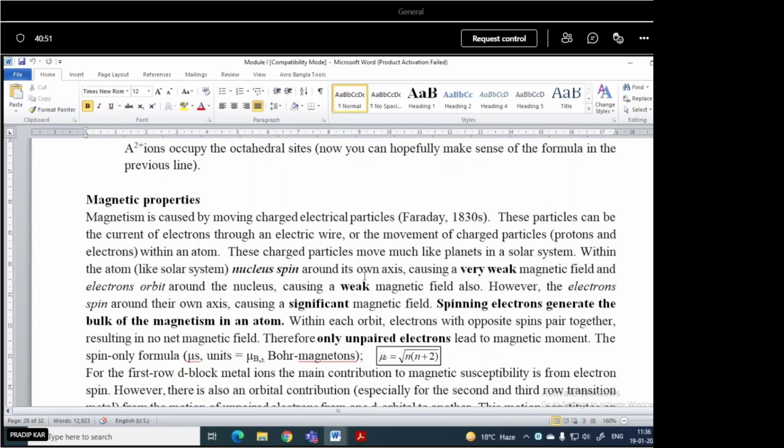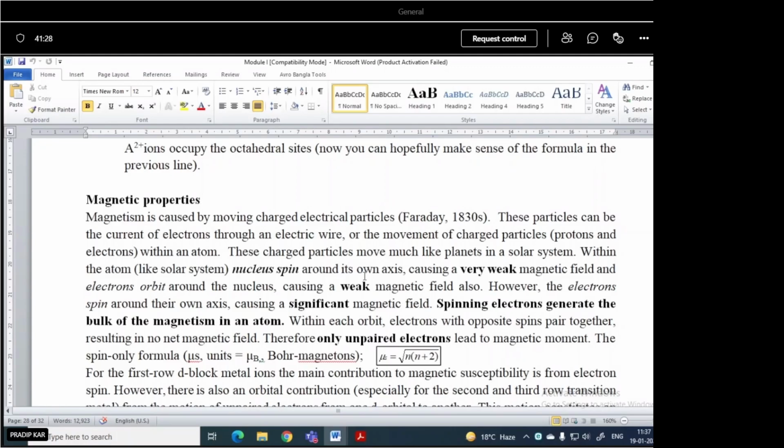In the case of a coordination compound, it is responsive towards a magnet because of the presence of spinning electrons. Because a spinning electron itself generates an electromagnetic field, and that is why it interacts with the magnetic field, when it is not cancelled by other oppositely rotating electrons.